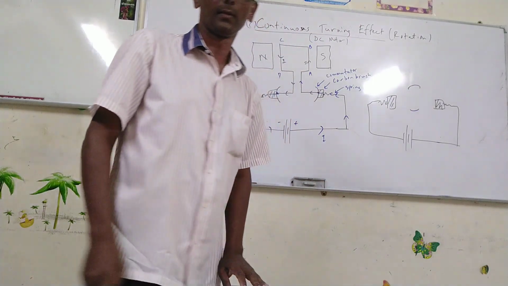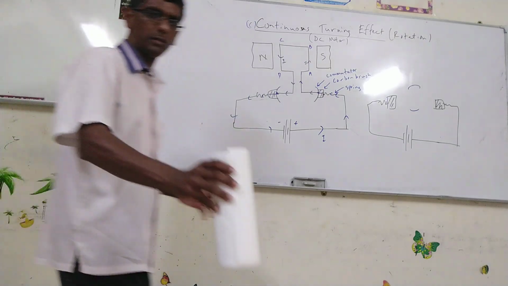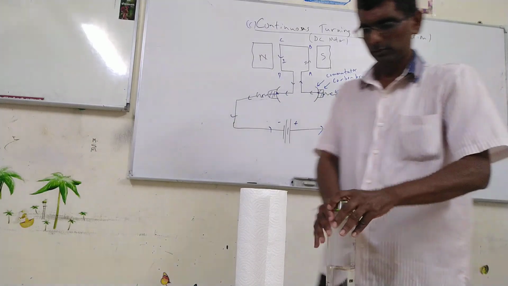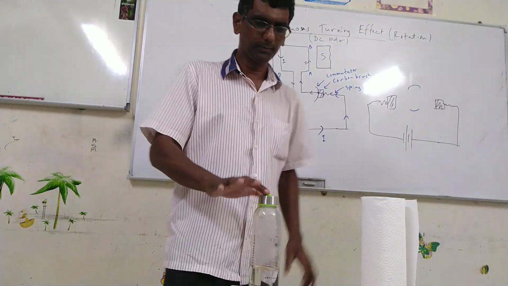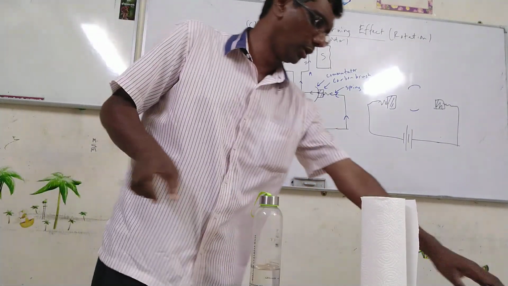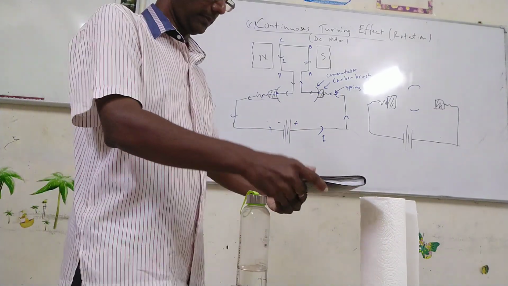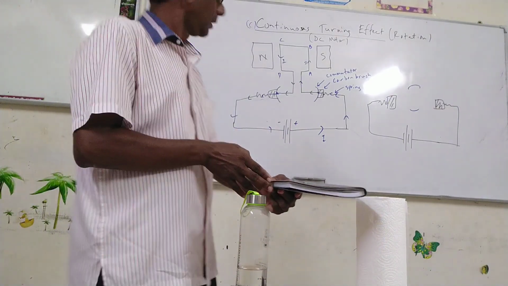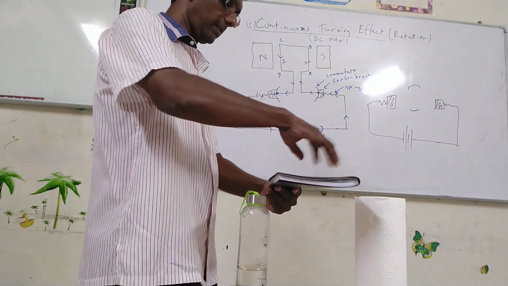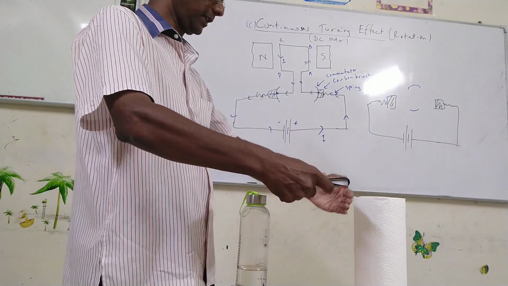This is North Pole and this is South Pole. The current is like this. At the North Pole and South Pole, the current is coming on. The battery here: positive battery here, and negative battery.